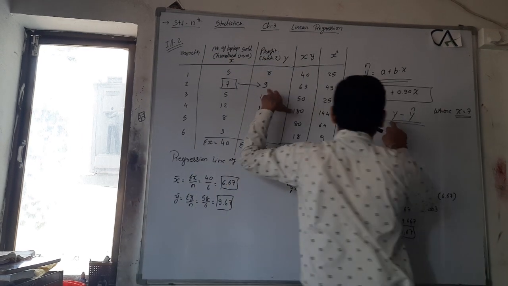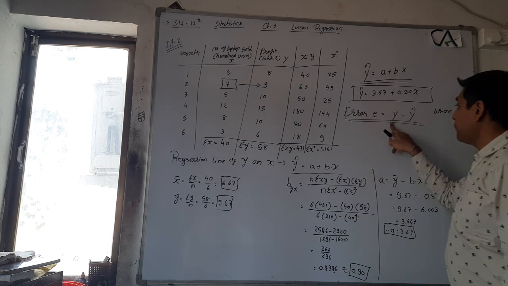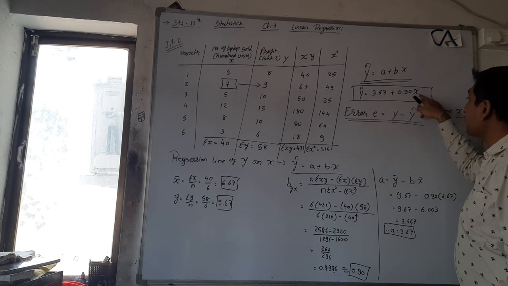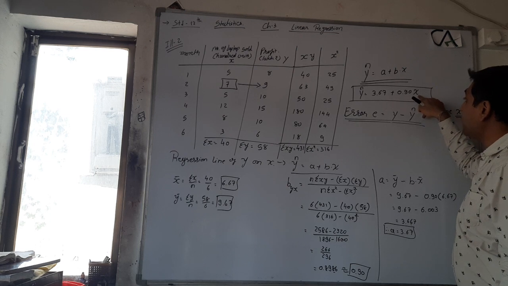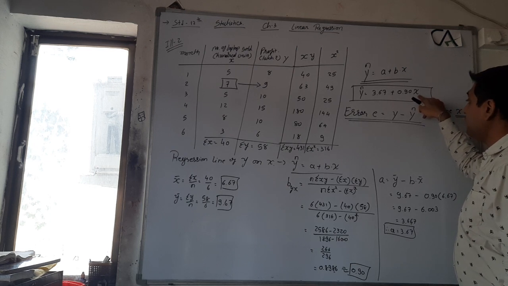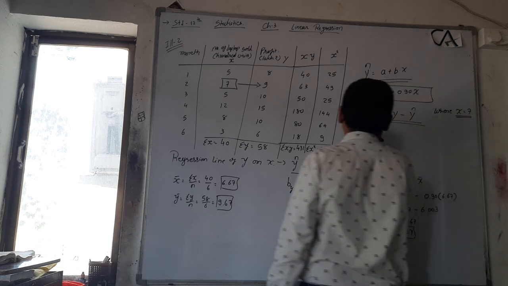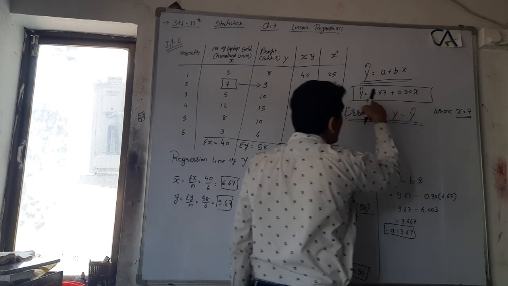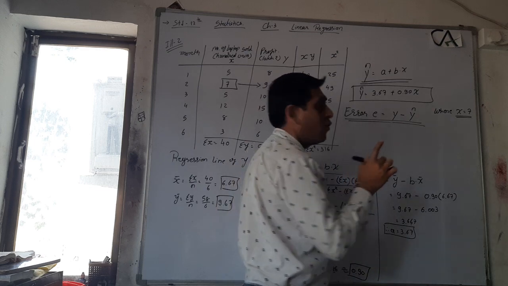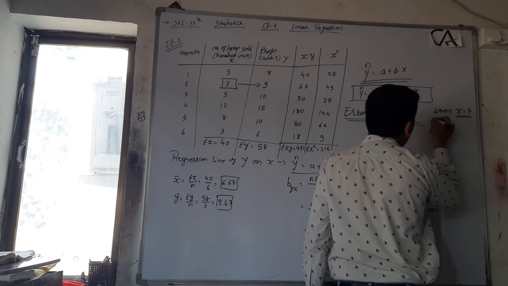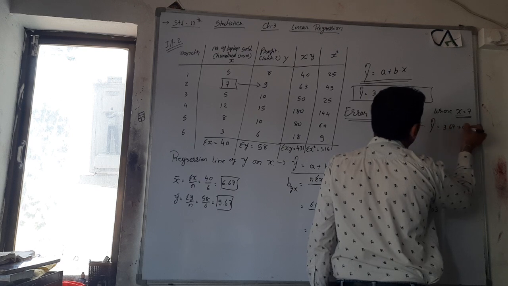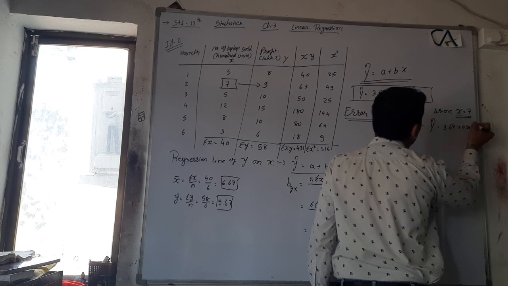So here y is equal to 9 and y cap, that is your original answer that we have to find out by putting here 7. So first of all we have to find out y cap. For find out error y minus y cap, we have to find out the value of y cap. Y cap is equal to 3.67 plus 0.90 into 7.